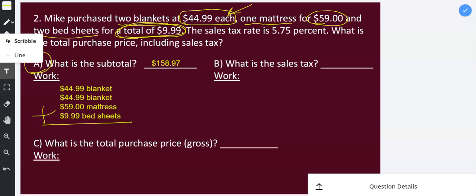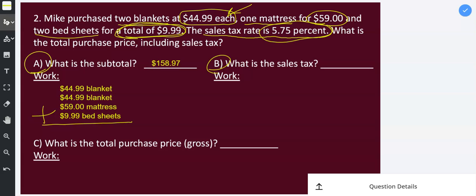Part B asks us about the sales tax. What is the sales tax? So what we need to do is find the sales tax in the problem. And the sales tax rate is 5.75%. So I'll come down here and I'll type 5.75%. And then I need to think about it. 5.75% of what?